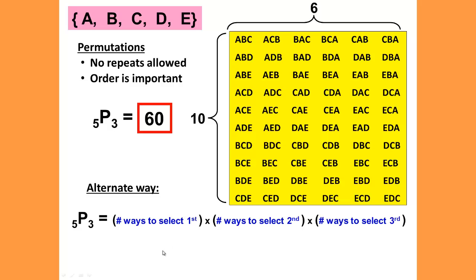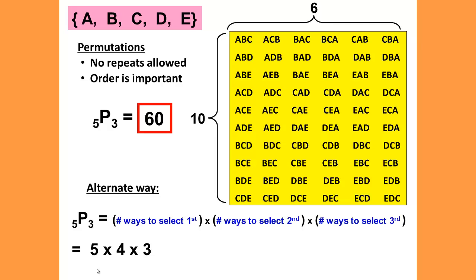And how many ways are there to select the first letter? There would be 5. How many ways are there to select the second letter? 4. How many ways are left then to select the third letter? Remember, each time we select it, we can't repeat a letter. That's why it decreases and gives us 3 for that last one.